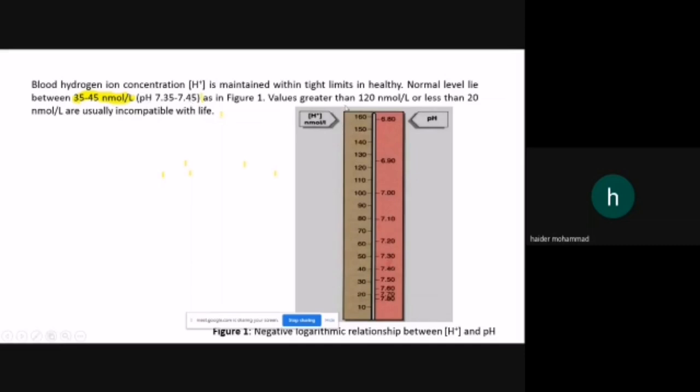More than 120 or less than 20 nanomole per liter are usually incompatible with life.